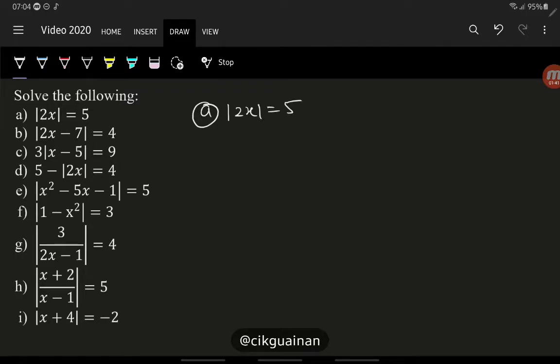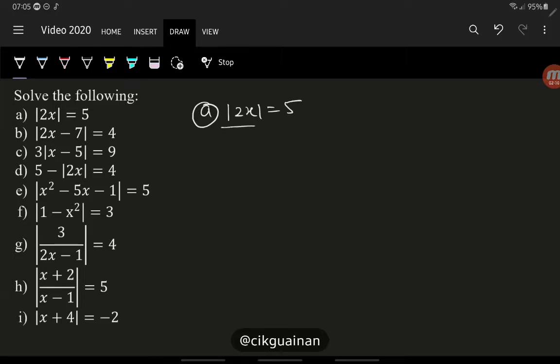I'm going to share with you a technique, what I call the copy-paste technique. The copy-paste technique is the one that we adapt from the definition of modulus, of absolute values. How to do it is, we copy everything here except the symbol of absolute values, and we change it into brackets.